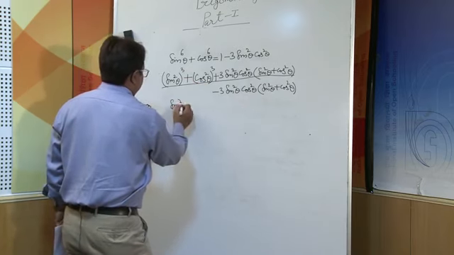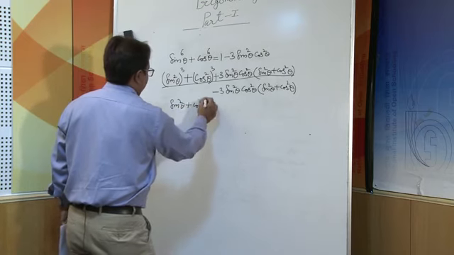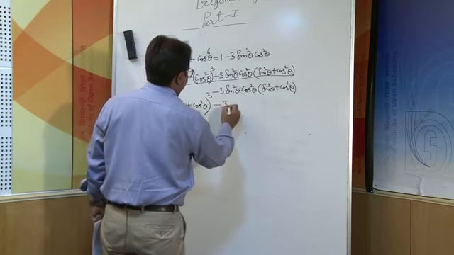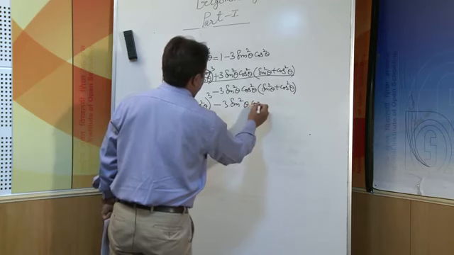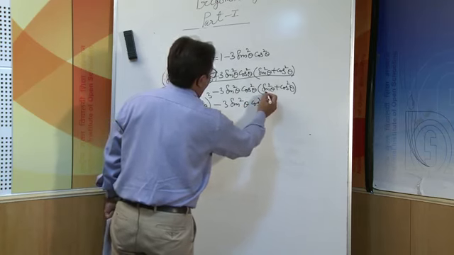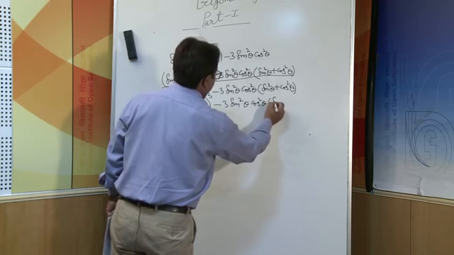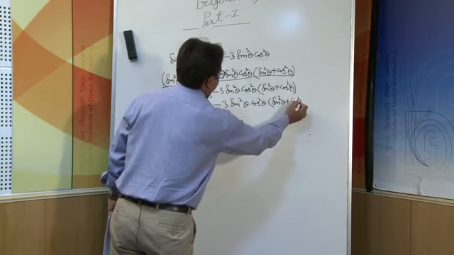So, we can write sin square theta plus cos square theta whole cube minus 3 sin square theta cos square theta, and we know using an identity that sin square theta plus cos square theta is 1. We will replace that value in the next step.